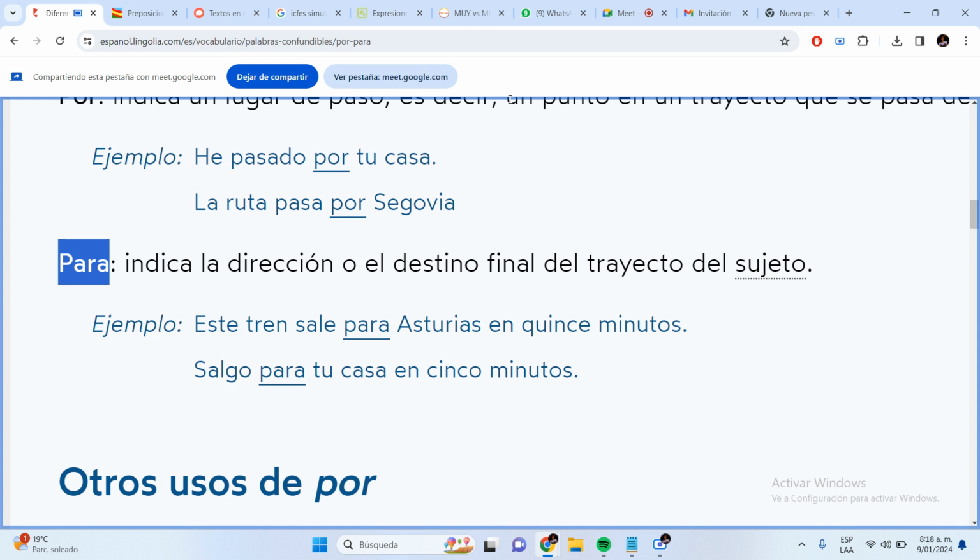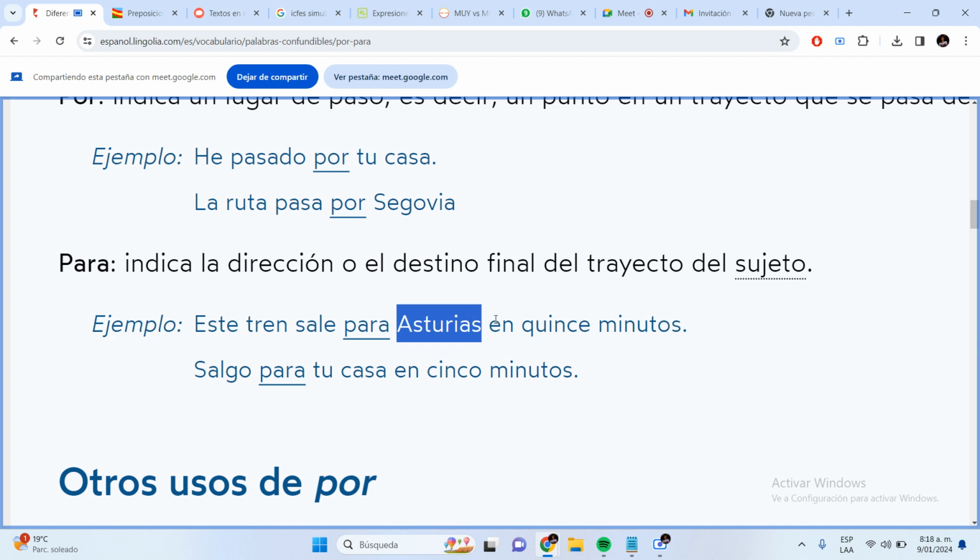When I talk about point B, I use para. So, for example, we have, este tren sale para Asturias en 15 minutos. So the final destination, right, is Asturias.